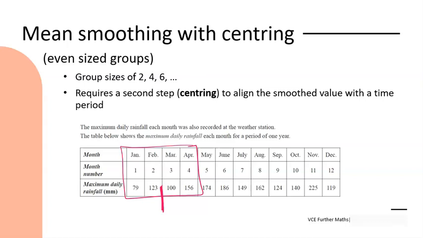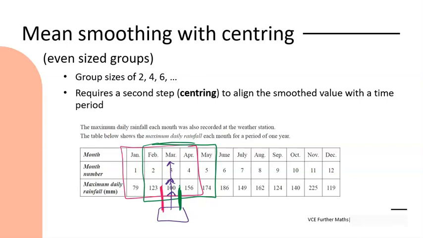So say this value for February is 2.5, and our second group goes from February through to May, where the middle lines up in between March and April, or 3.5. We can take these 2 values and combine them to get a smoothed value that lines up with time code 3, or with March itself.